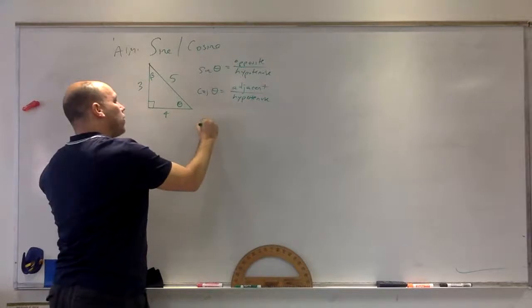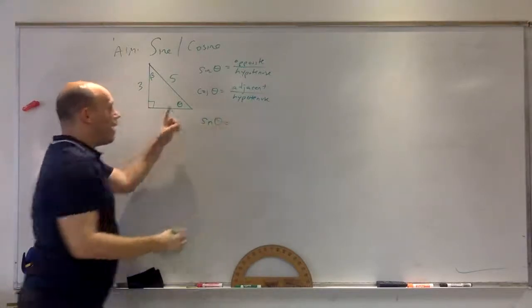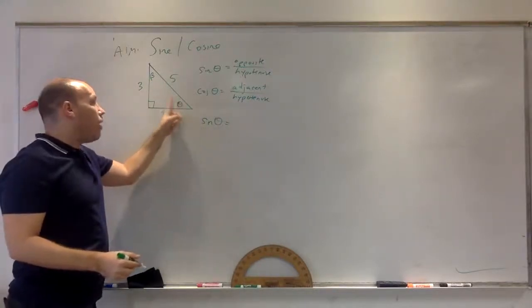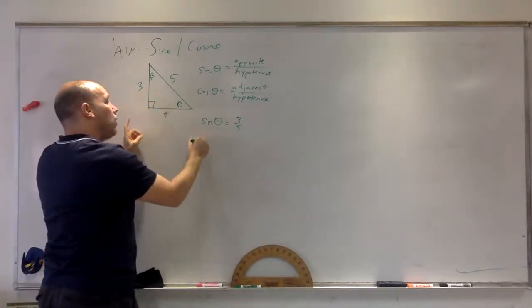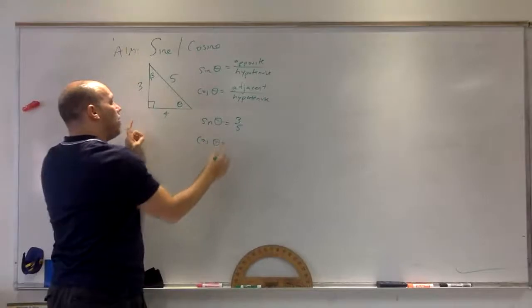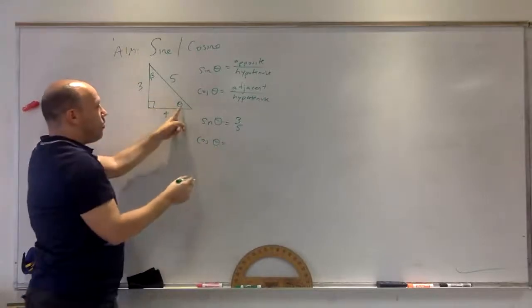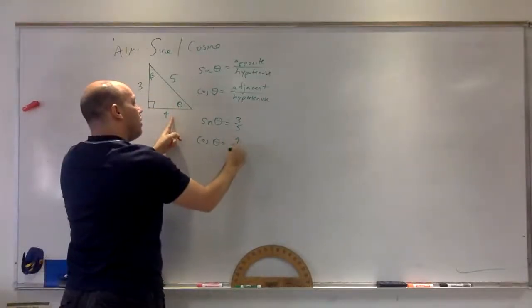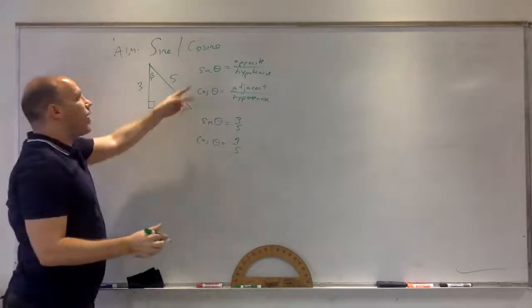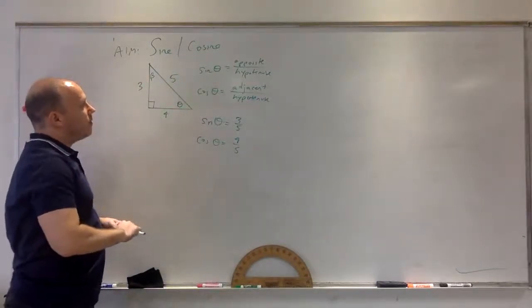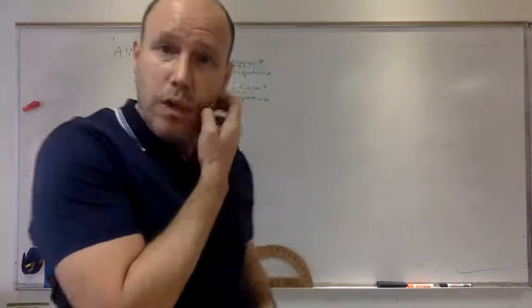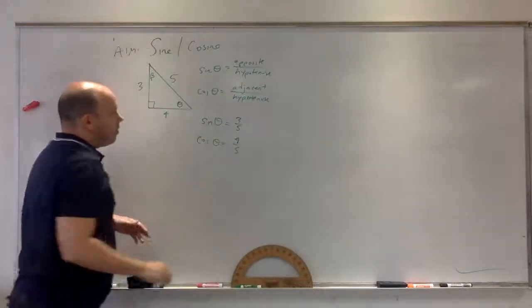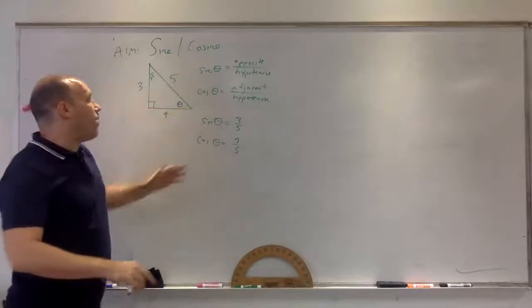So, if we look at the sine of theta, we're standing at theta, and 3 is opposite, and 5 is the hypotenuse. And so the cosine of theta is adjacent over hypotenuse. It's any angle, right?